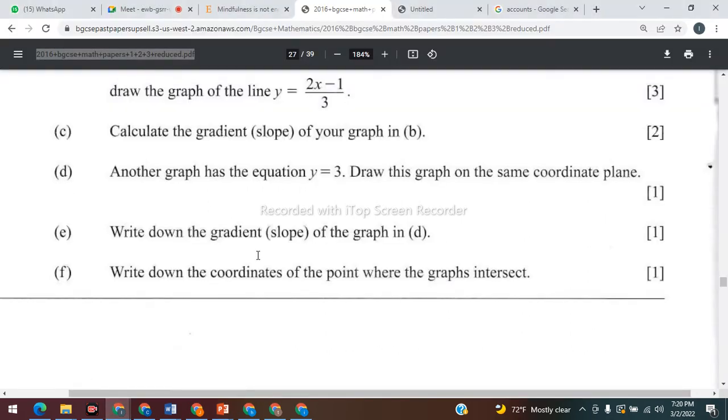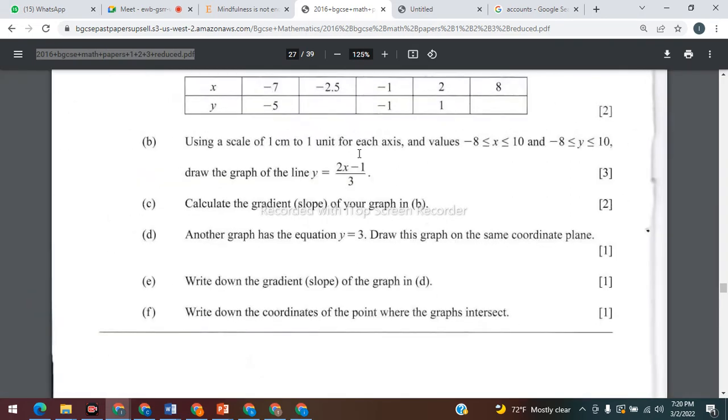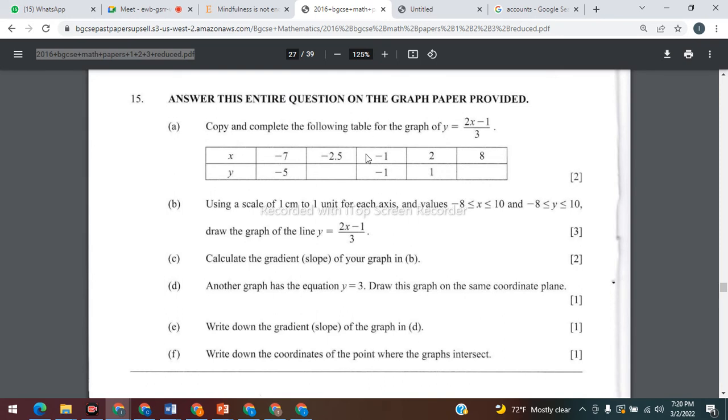Okay, so we are done with this question, right? Very good. So we have plotted all the points. We have determined the missing values. We saw what it means for x to be between -8 and 10. We drew the graph of the line y is equal to 2x minus 3.